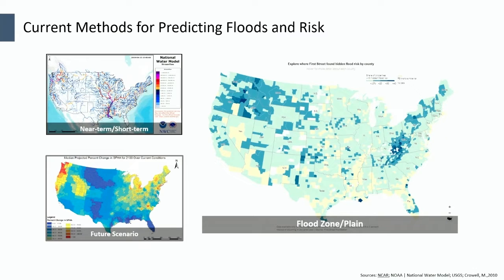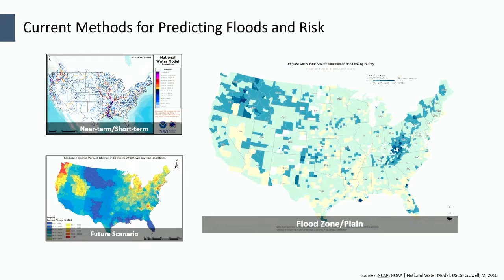Again, normally at a county level, you'll have a risk for that location, but it's based on a 1 in 100-year flood or 1 in 500-year flood sometimes. But it remains as just a static map of just that location for that type of flood event.